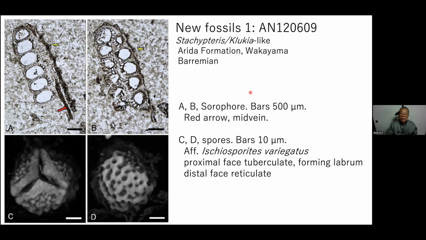So based on these morphologies, we tentatively identify these as Stachypteris-like solophore. But the Stachypteris is known from the compression impression fossils mainly, and probably this is the first example of the permineralized, anatomically preserved fertile structure of Stachypteris groups.